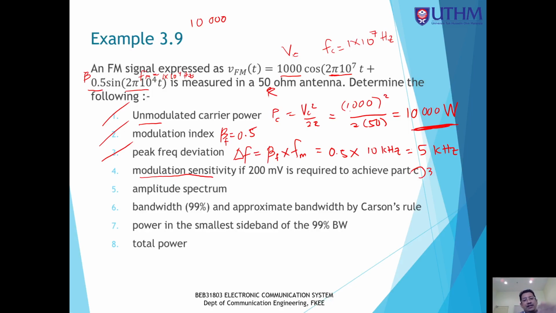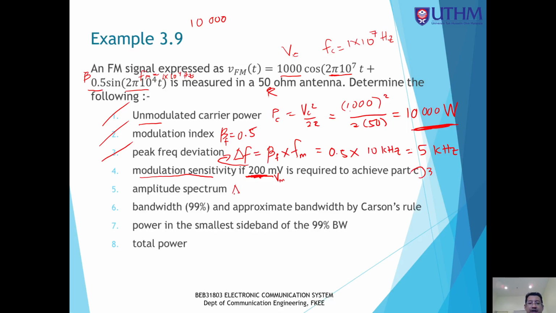So you need to find the KF if you are given this parameter. What is this actually? This voltage is needed to achieve delta F, so this is referring to the peak amplitude of the input message, because this is the value to achieve the delta F. Why is it like that?